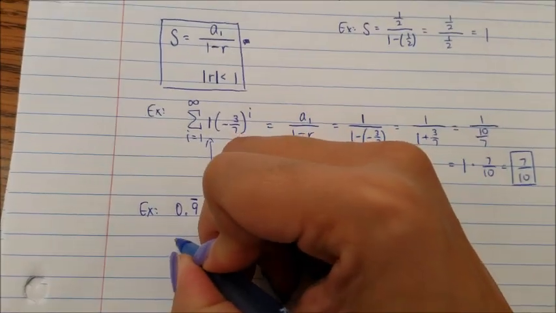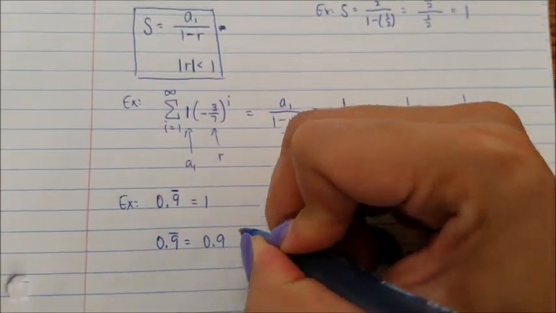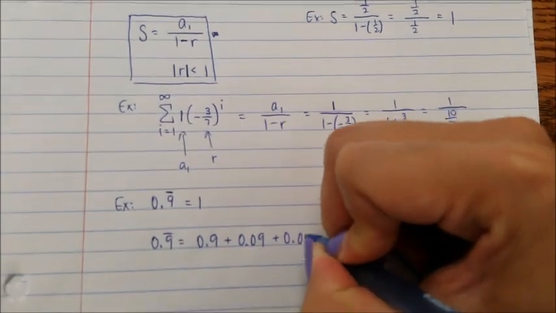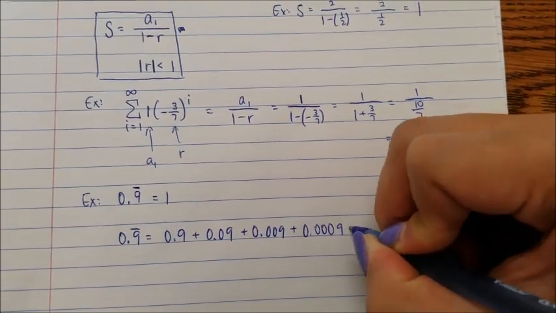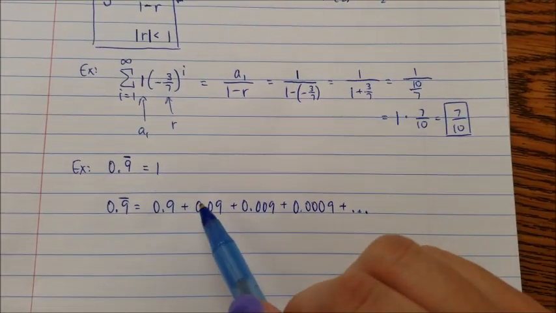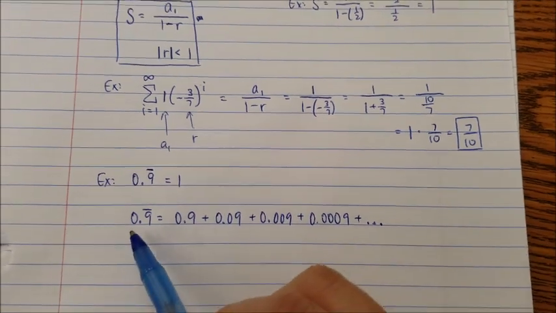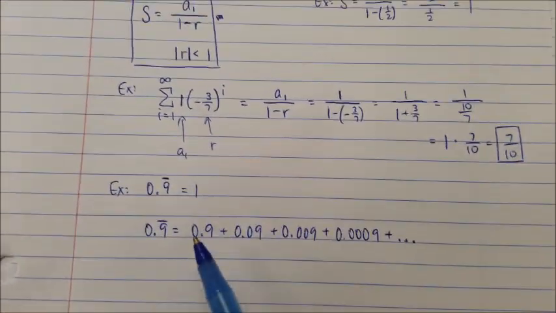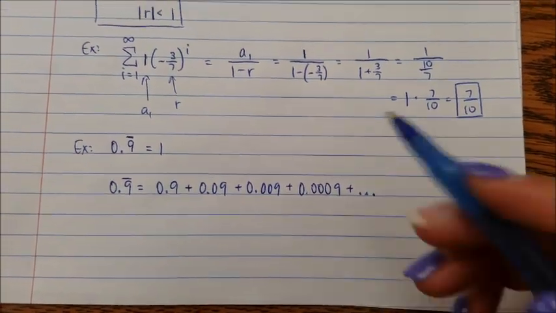So I'm going to rewrite my repeating decimal as 0.9 plus 0.09 plus 0.009 plus 0.0009 forever. So if I kept writing out all of these decimals, when I add them all up, I should get 0.9999999 forever, right? So if we look at this series right here, this is technically a geometric series.